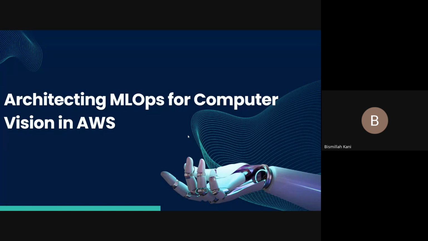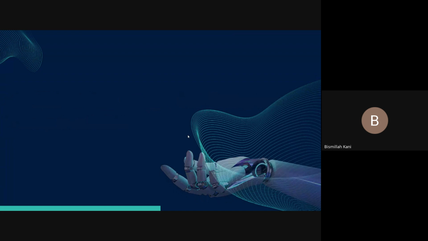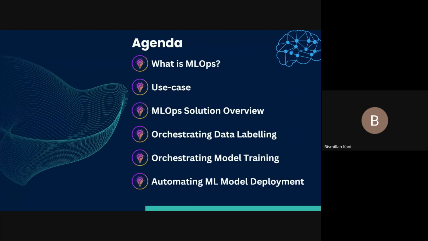Good afternoon, everyone, and welcome to today's session on architecting MLOps for computer vision in AWS. Today I will walk you through these topics. We'll start with an introduction to MLOps.